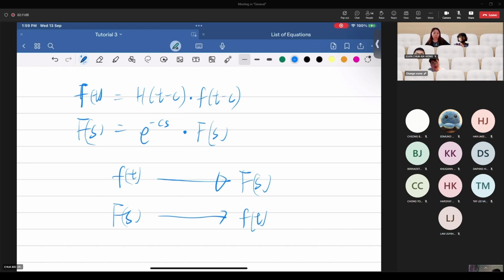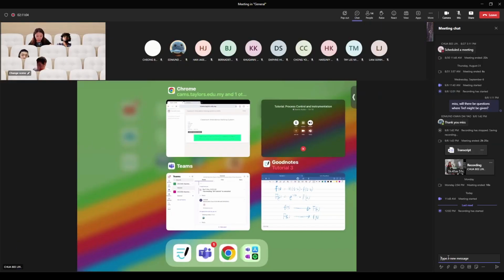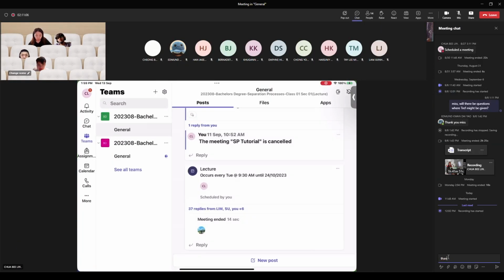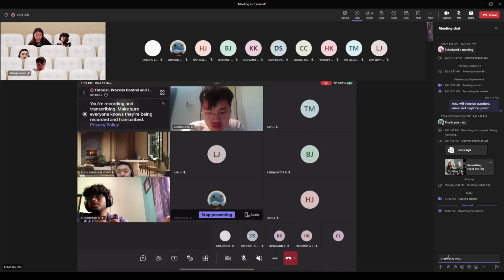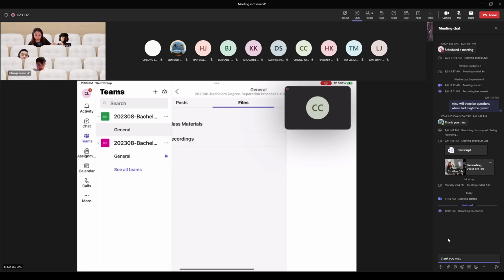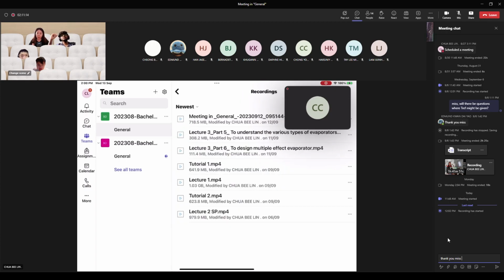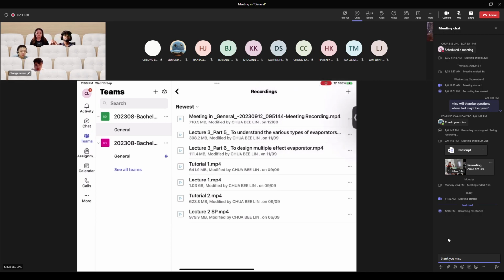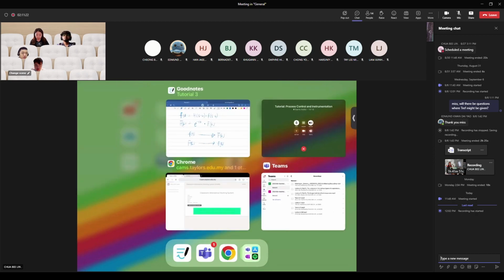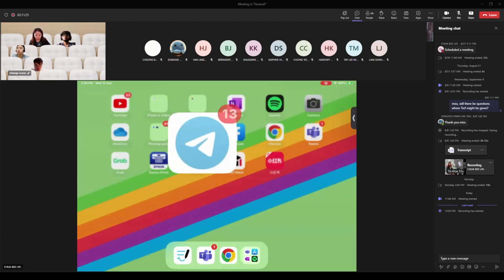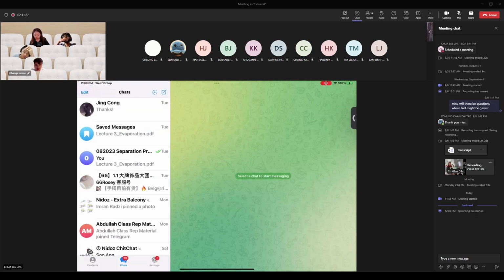So the recording, everything is in here. Don't forget about the recording. The recording is always here, so you can refer to it. But the recordings won't be there forever. And the handwritten notes are in here. I will share right after the class most of the time.